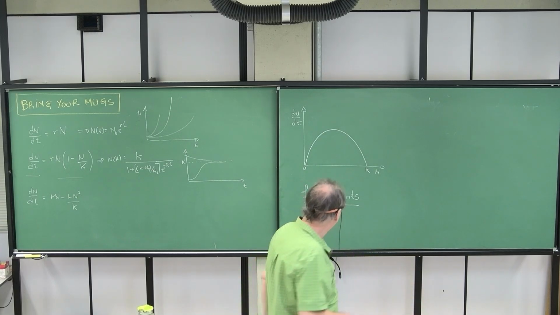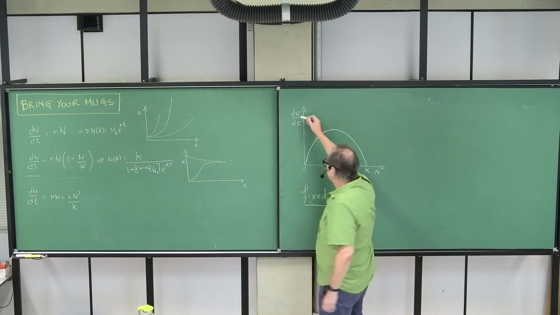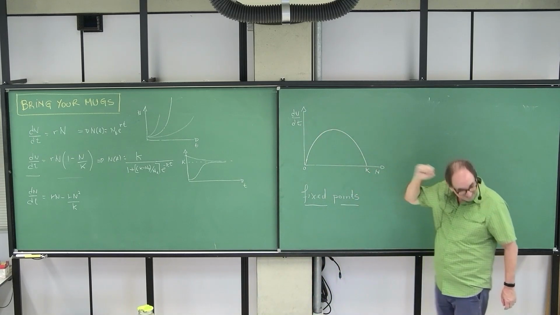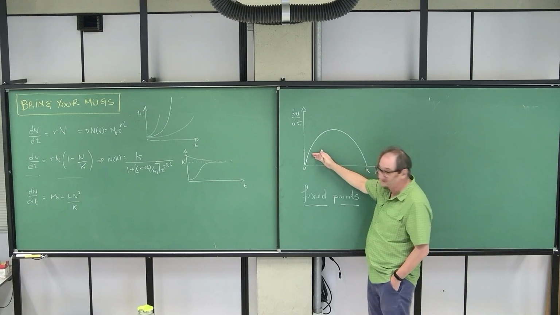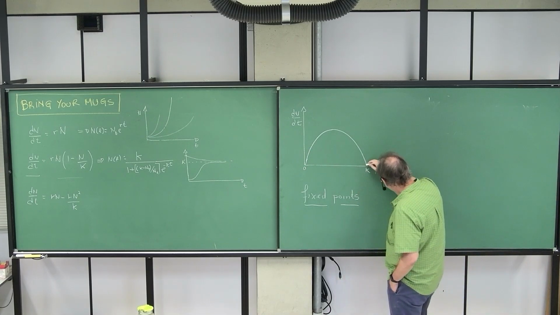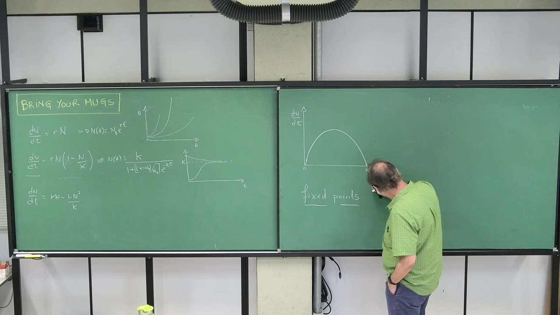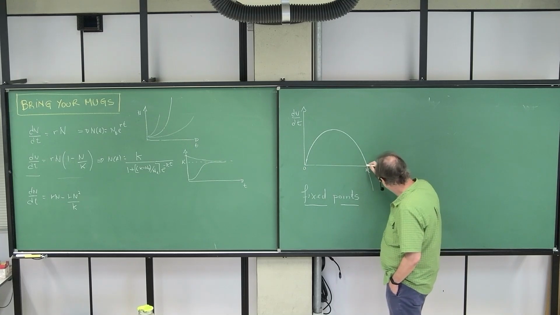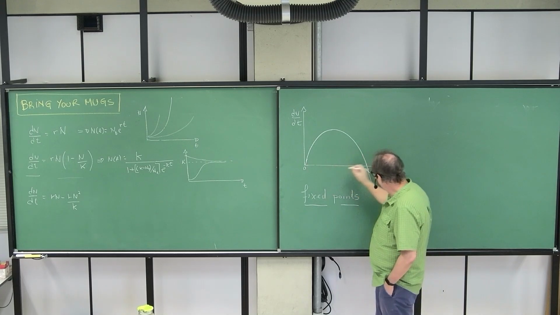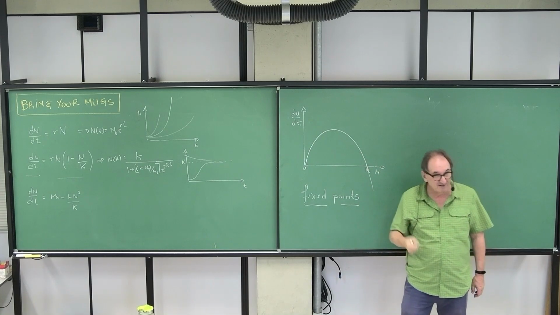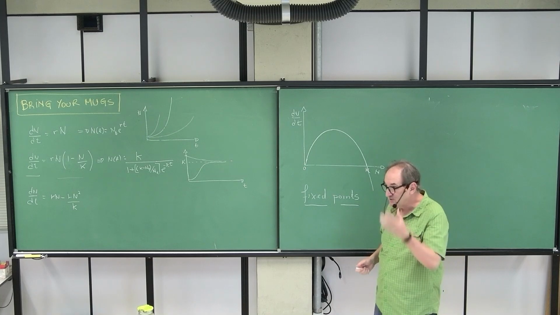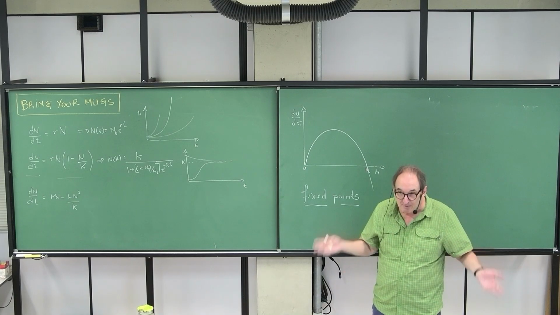So this is the derivative, isn't it? From 0 up to k, the derivative is positive. Therefore, the population will increase because the derivative is positive.